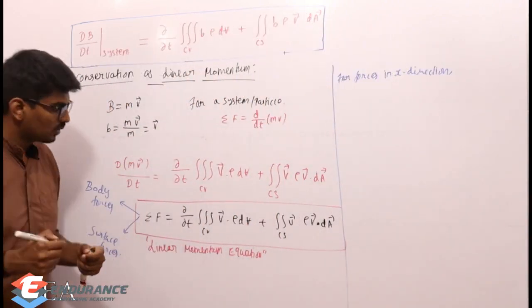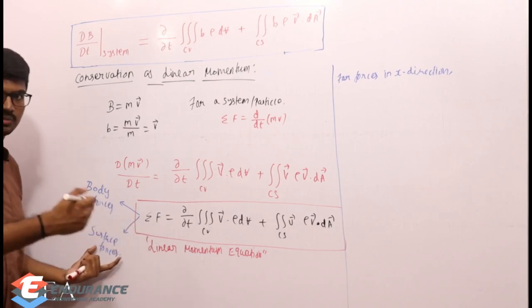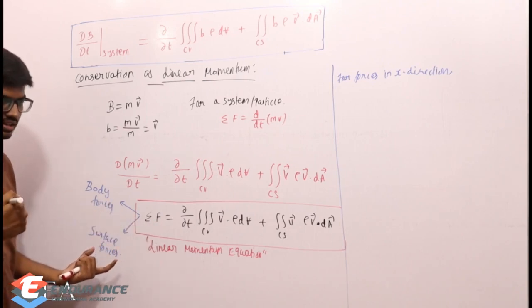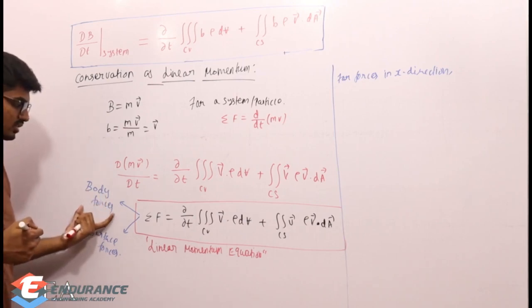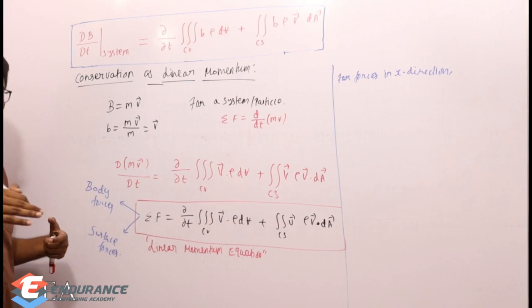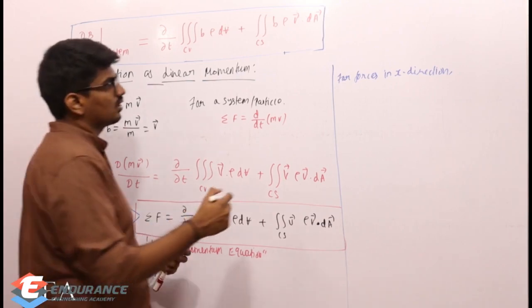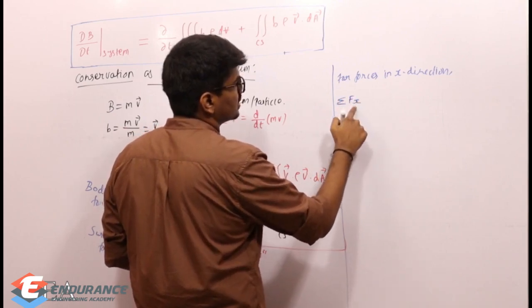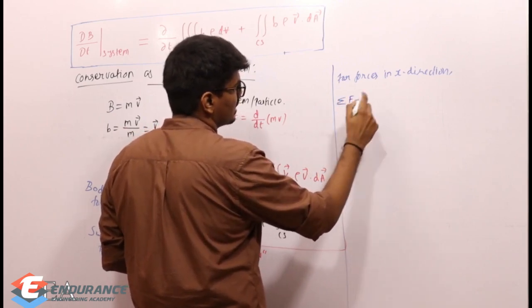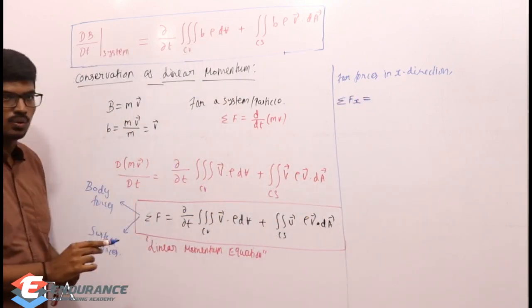Now what I was saying: this force includes both body forces and surface forces. Surface forces are the pressure force and shear stress, and body forces are majorly due to weight. Now if I consider all the body forces and surface forces acting in the x direction, then I can rewrite this equation. How?